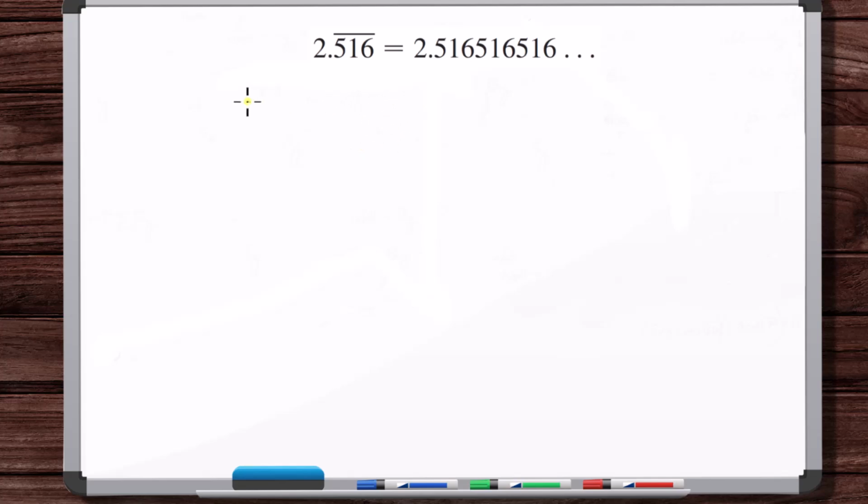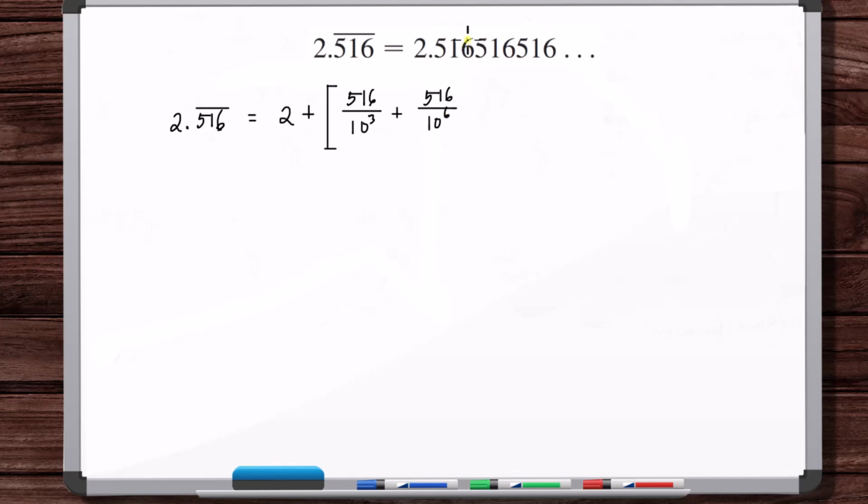Okay, so here it's just you do this. It's a little bit different because it's not 0 point something, but that's not a big deal because all you do is it's going to be 2 plus, and then here's the infinite sum. And then the common ratio is going to be 10 to the third. So 5/16 over 10 to the third plus 5/16 over 10 to the sixth, right?